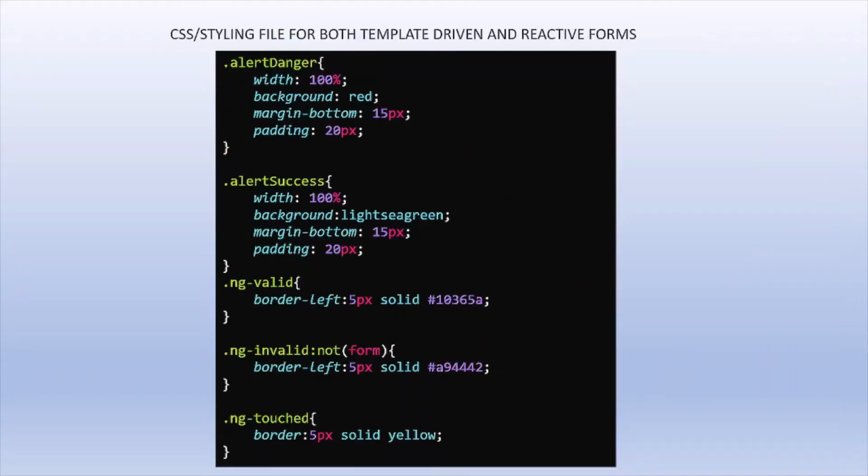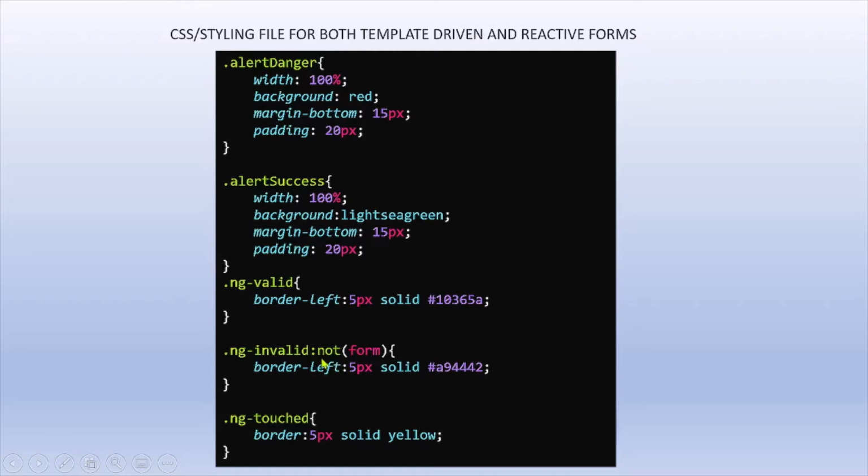Now coming to the styling classes, right? We saw alert danger, we saw alert success. So you could have something like this, right? There are built-in classes that Angular provides that we could use to visually indicate to the user if what they entered is valid, if it is invalid, right? And here we specify not form.